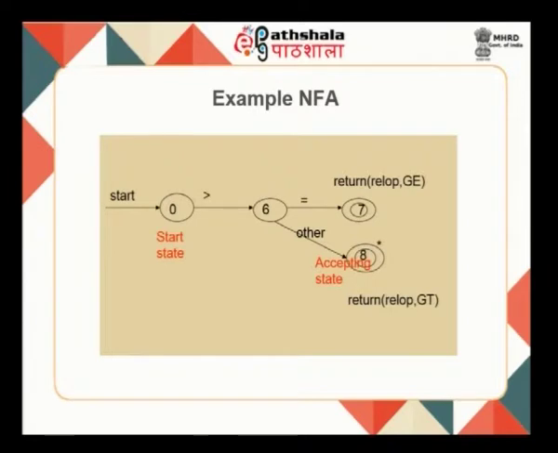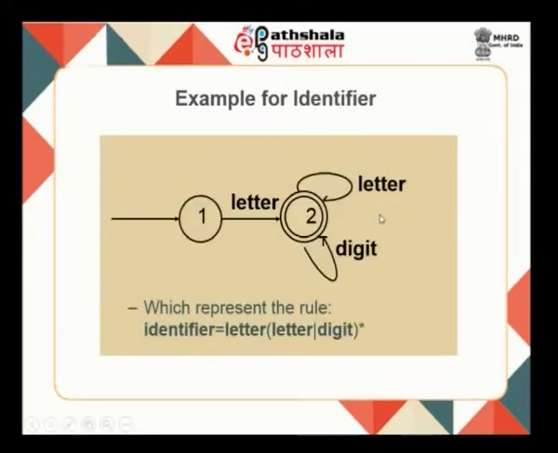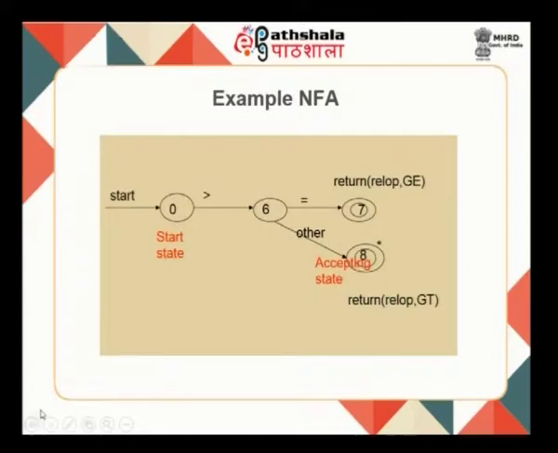For example, in this case I have one path from the start state to the final state. This is one final state, this is another final state, and there is a path from 0 to 6 to 7 and a path from 0 to 6 to 8, where 0 to 6 to 7 is going to be greater than or equal to, and the other one is going to be greater than followed by something else.